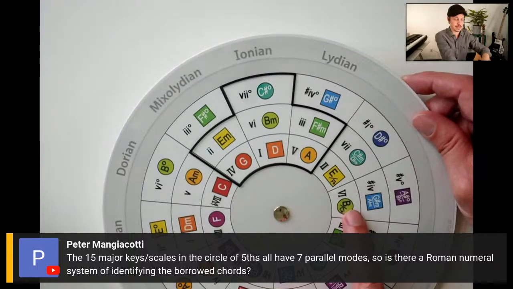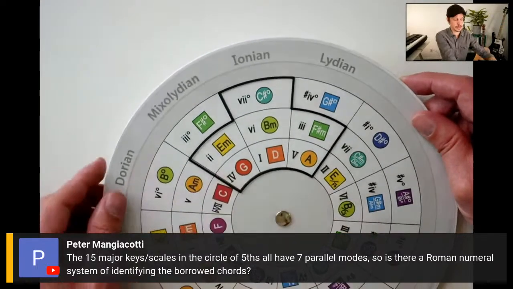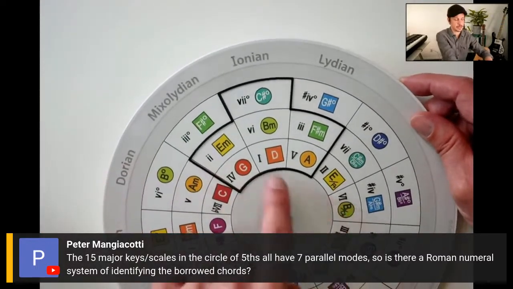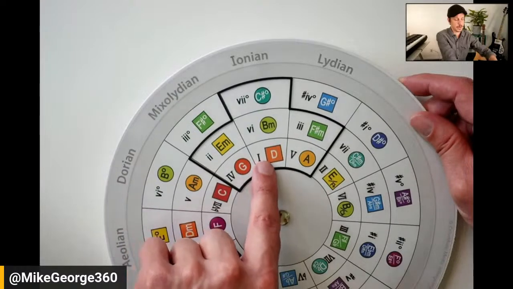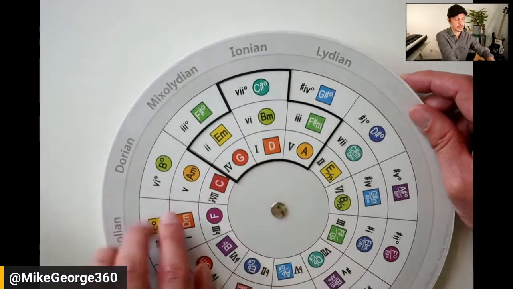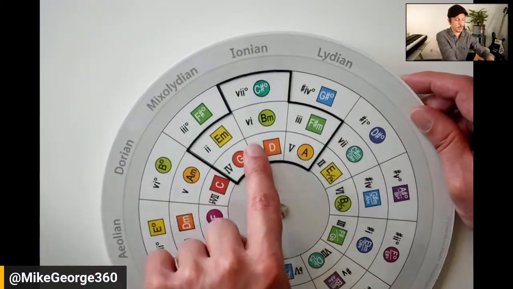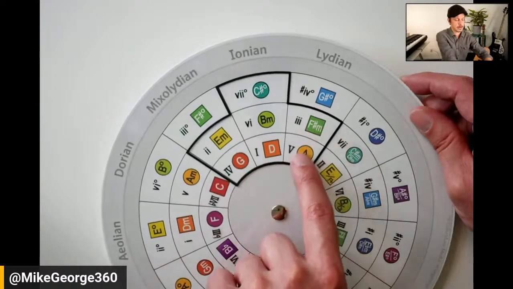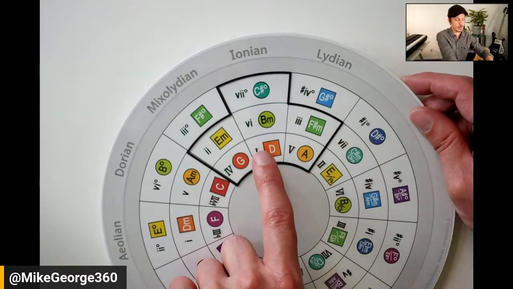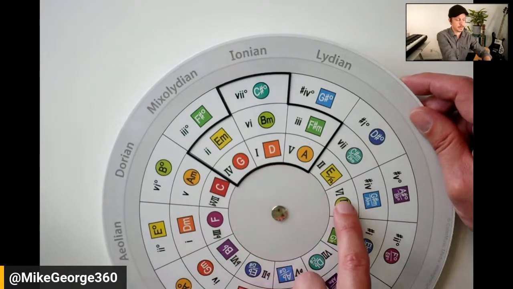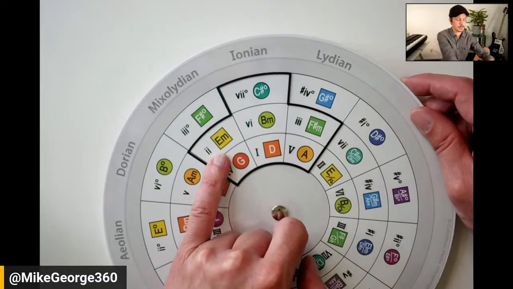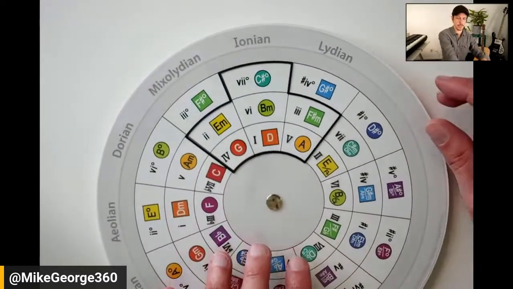The 6 is sometimes a secondary dominant. So we're playing a D, and then let's play a progression of like 1, 6, 3, 5, 1, major 6, 2. Let's play around with that, okay?